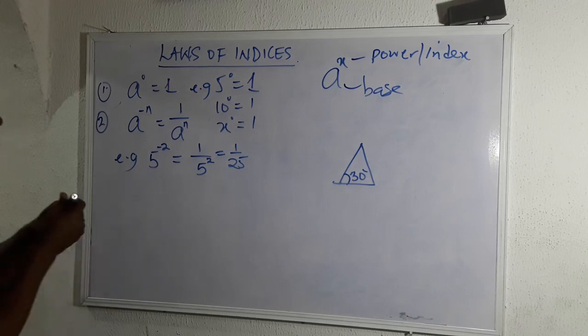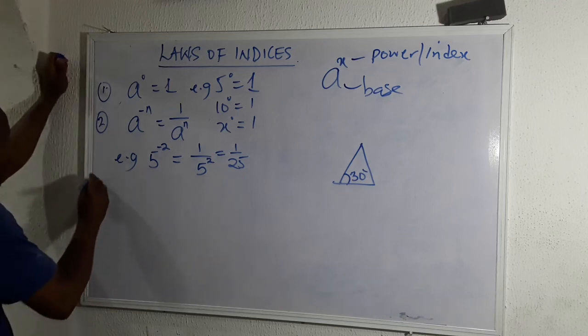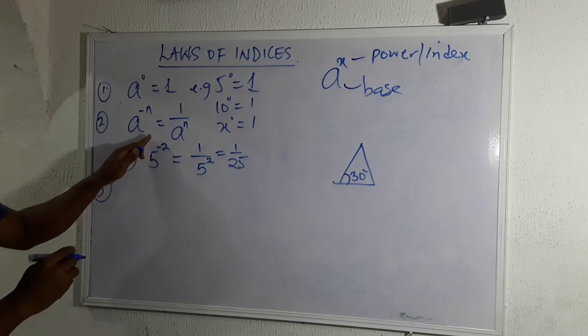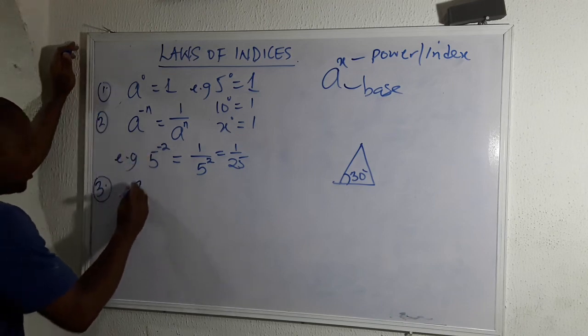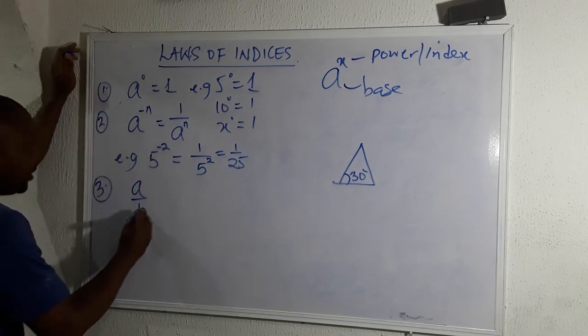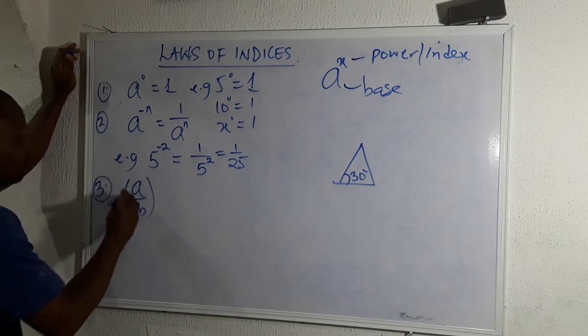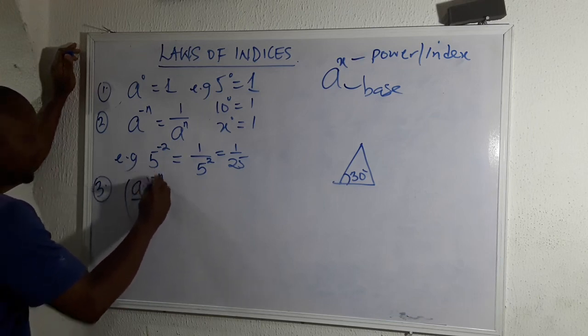Now, law 3 is just an extension of this law. You can have a over b raised to power minus n, for instance.